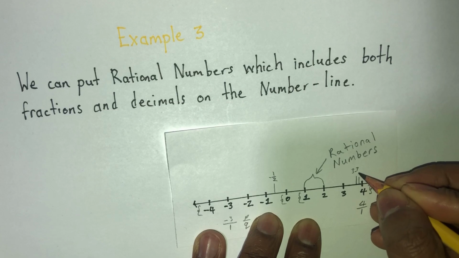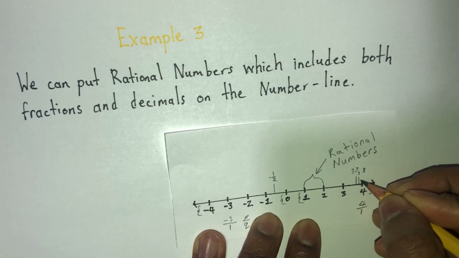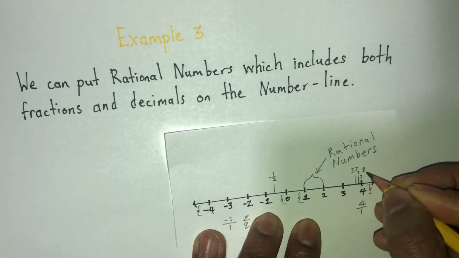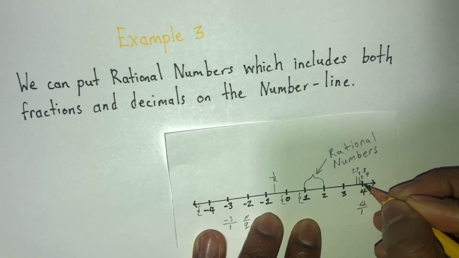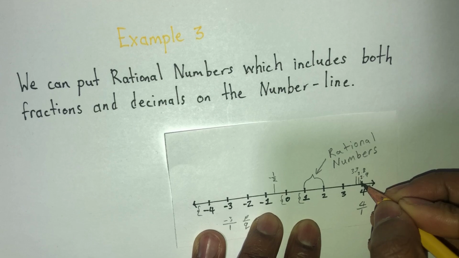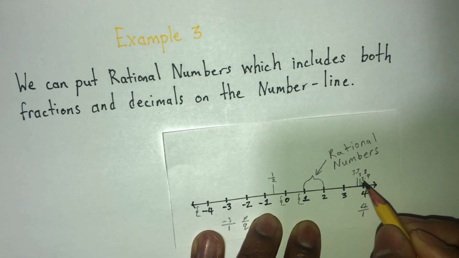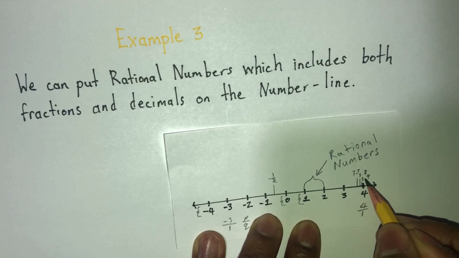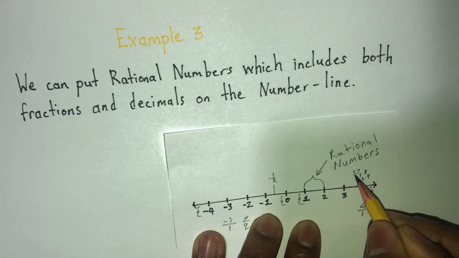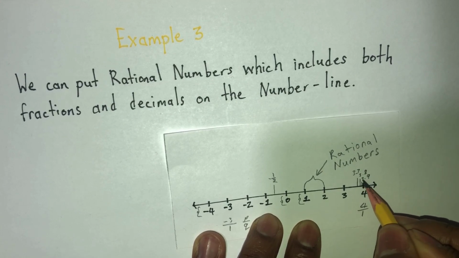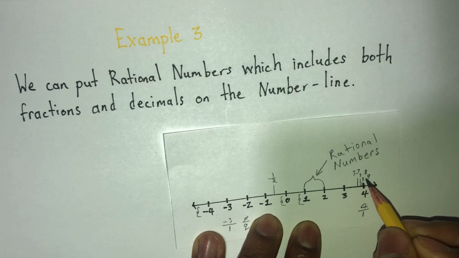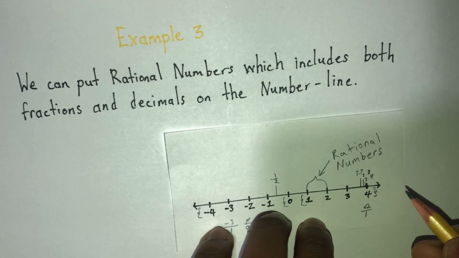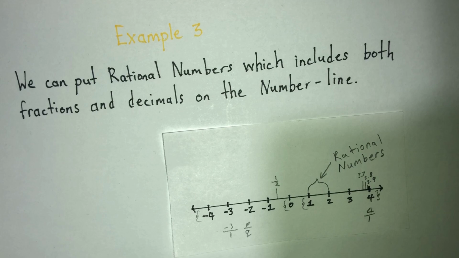Then 3.8. 3.9. So we're moving to the right. And then finally we arrive at 4. Now, all of these numbers between the 3 and 4, they are rational numbers. So 3.7, 3.8, 3.9, they are rational numbers, and we know that rational numbers are decimals and fractions. So that's another definition for rational numbers.